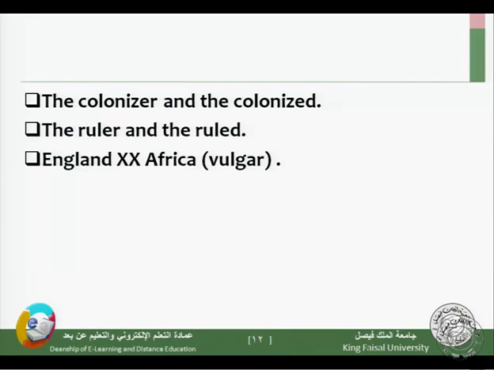I've written that word, I've inserted it here because we will need it later. Robinson, of course, represents the British Empire over which the sun never sets. He comes from England, that huge, powerful nation. He goes to Africa and to other parts of the world, and he considers all those people to be vulgar.